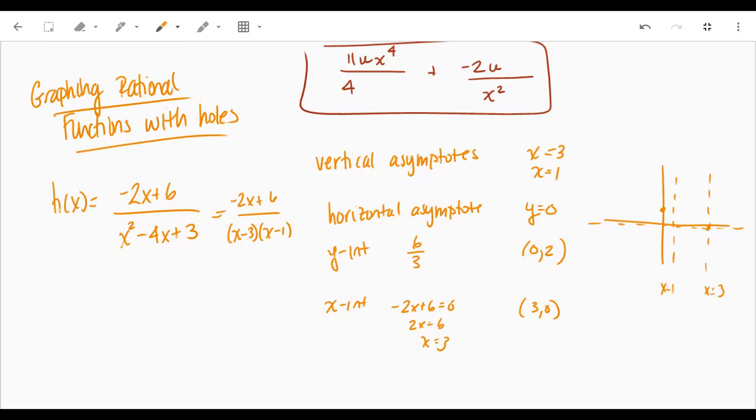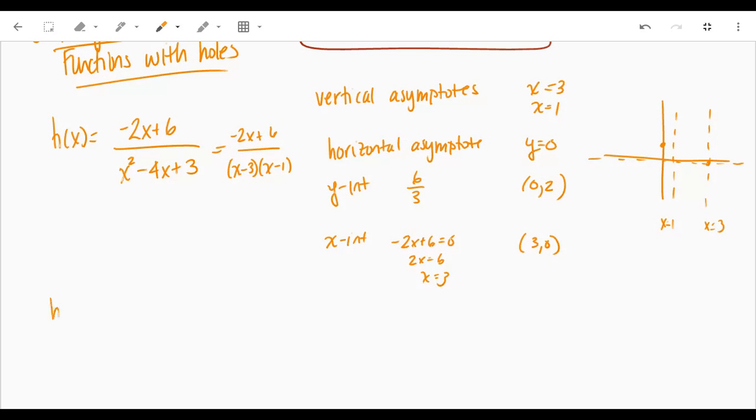The reason I didn't see that right away is because I didn't factor the numerator. So if I factor out the negative 2, I'm left with x minus 3. So these things can't both happen.